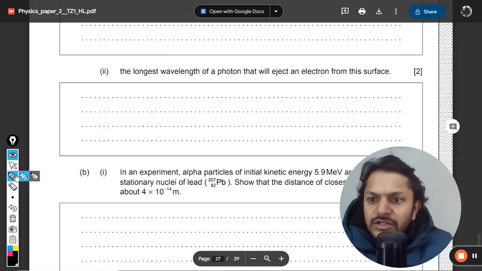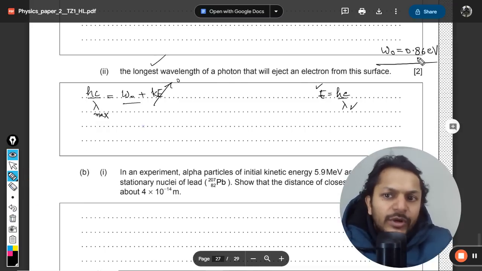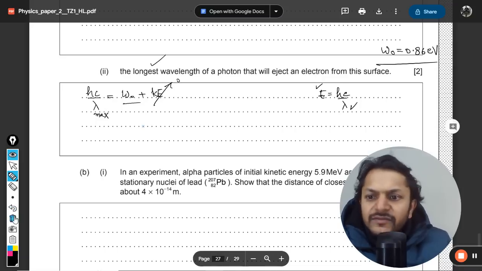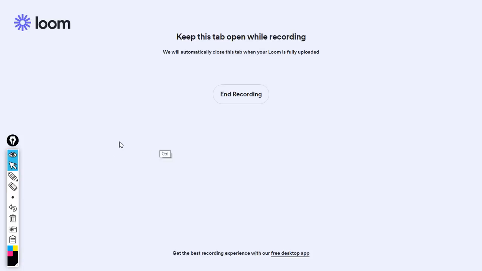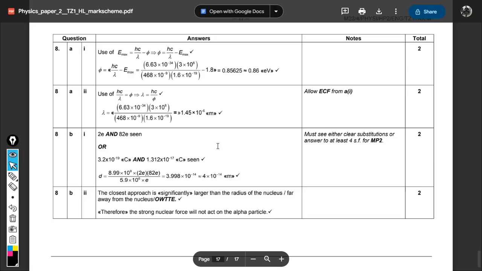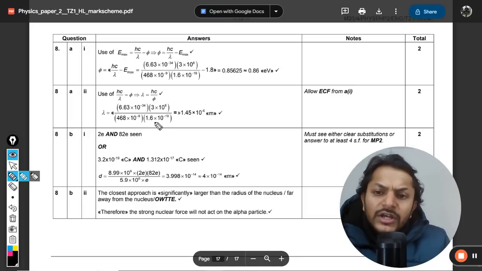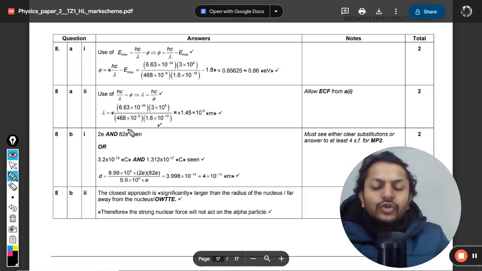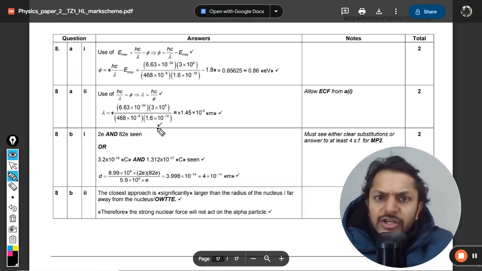Again, I am not calculating it; the work function is 0.86. Accordingly, plug in the value, get the answer. Yes, hc by lambda is equal to the work function. The kinetic energy in this equation is taken to be zero, as I've already told you, and you divide by the charge of the electron to handle the eV.